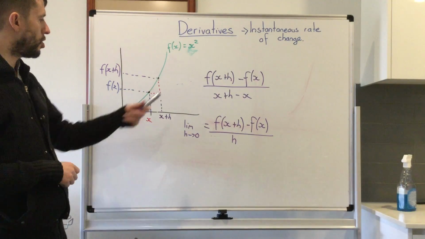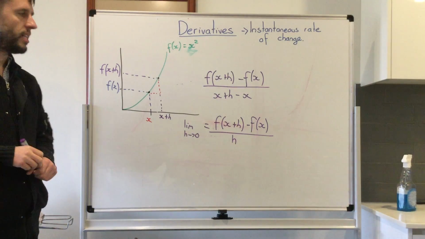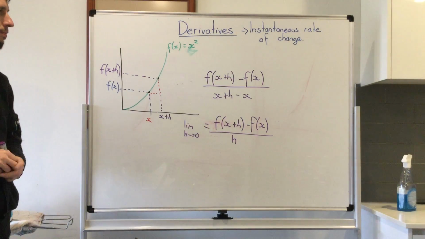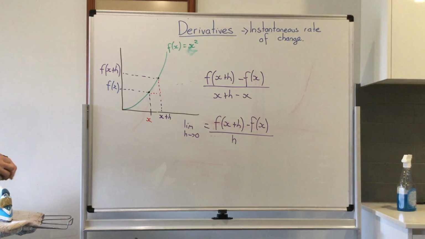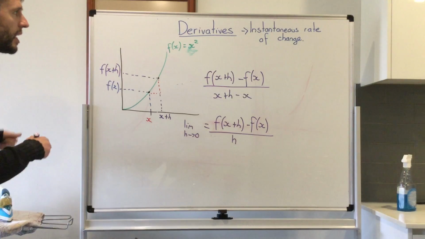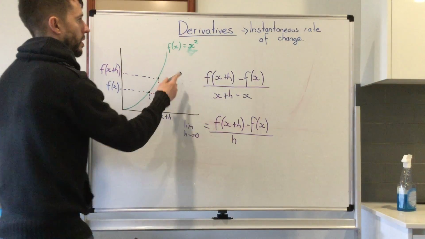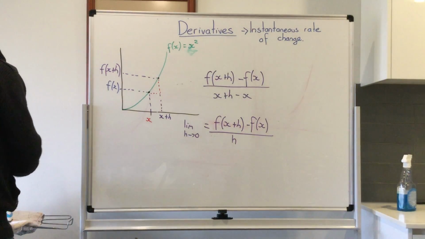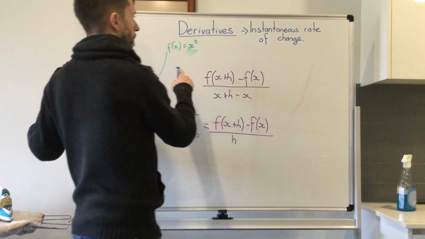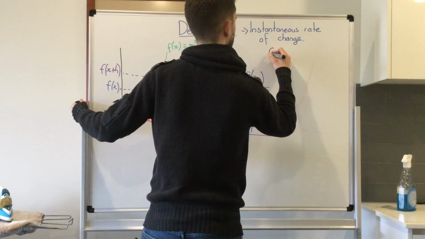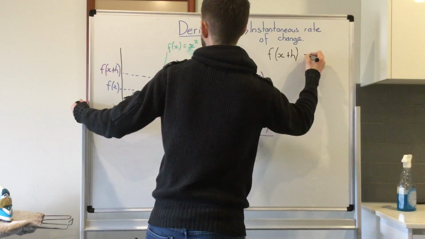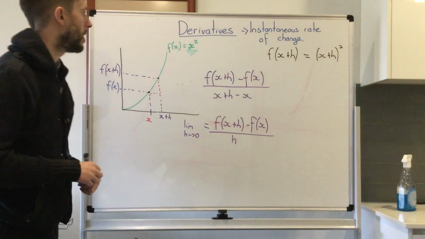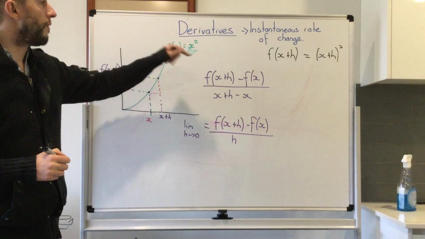Okay, so this is our equation for the instantaneous rate of change. So let's have a look at using x squared and insert x squared into this formula. I'll write it on the other side. The function of x plus h equals x plus h squared. And I've already got the function of x, which is x squared.